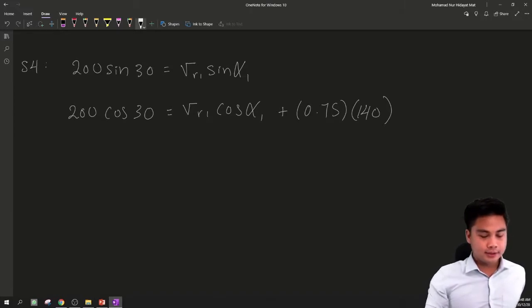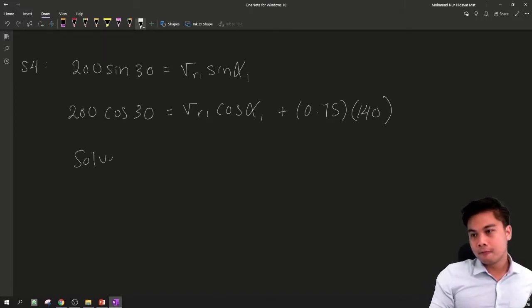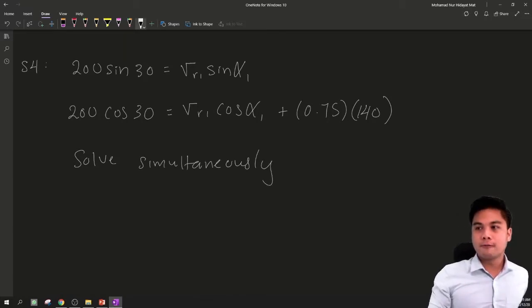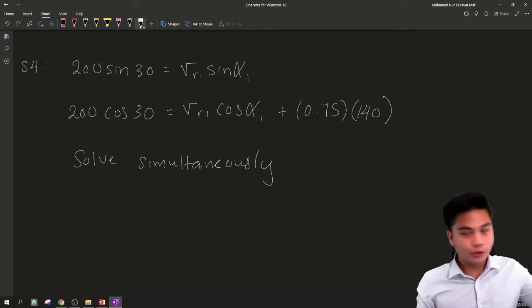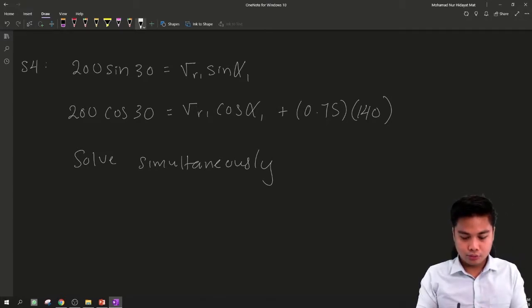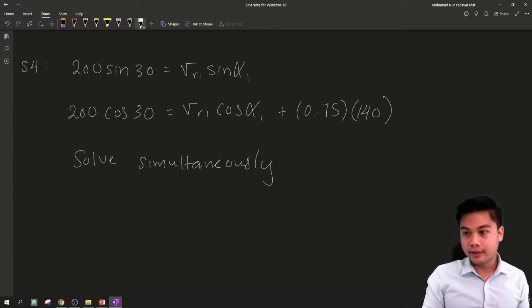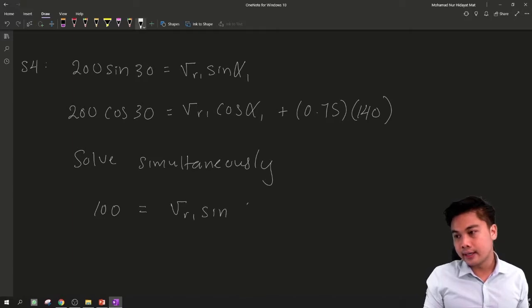So how to solve this? Solve it simultaneously. 200 sine 30, use your calculator, you will get 100 equal to VR1 sine alpha.